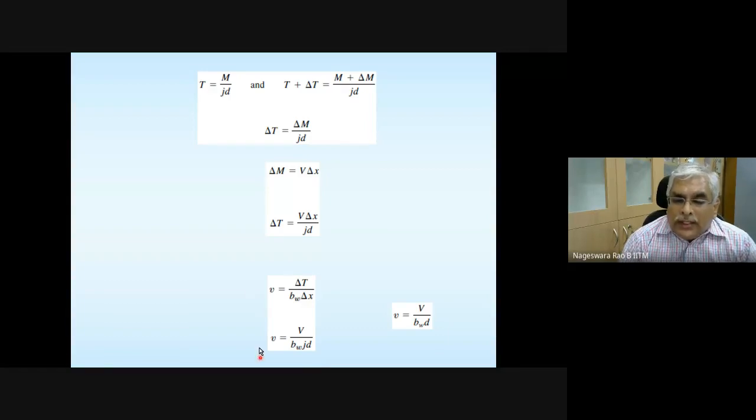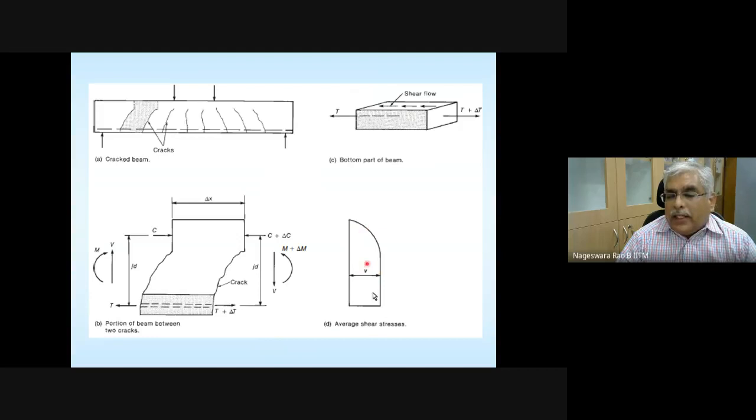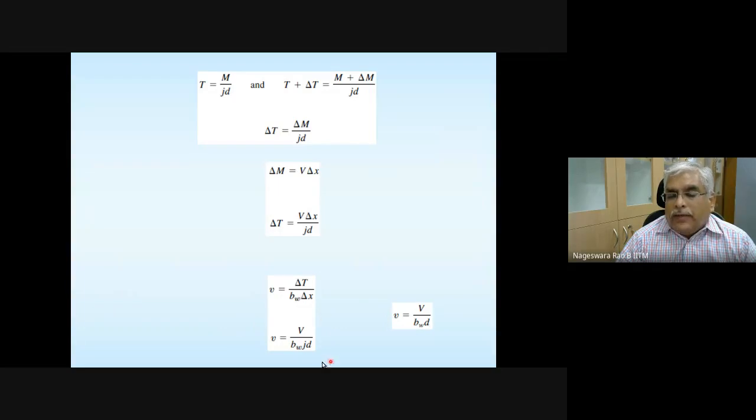This is the average shear stress, and this shear stress is what we need to consider for our design.